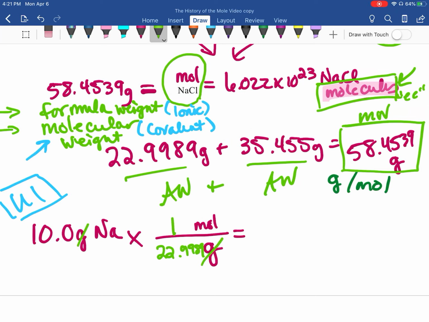We get to cancel just like our unit conversions. Bust out your calculator then. I'm going to pause for a second and calculate myself. What is 10 divided by 22.9989? Aha. You have, ooh, are we back to sig figs? What? All right, how do we fix this answer? We have 3 sig figs here. Let's put 3 here.